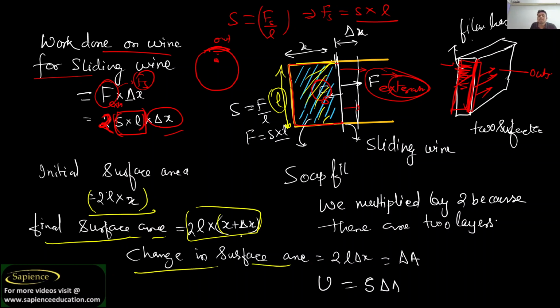Final surface area minus initial surface area. So final surface area is 2L(x plus del x) minus 2Lx. See here, 2Lx is common. So this will be 2L del x only.